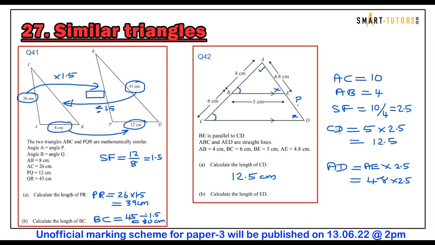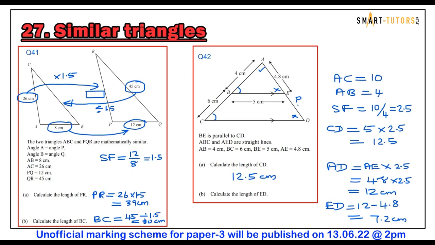Let me quickly find that out for you. 4.8 times 2.5 is 12 centimeter. So 12 centimeter is AD, means you can find out the ED by 12 minus 4.8, which will give the answer 7.2. 7.2 centimeter is the question number 42's answer.